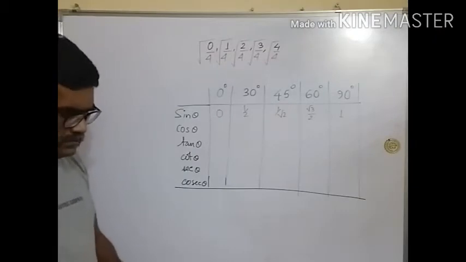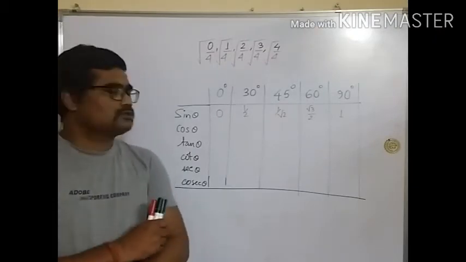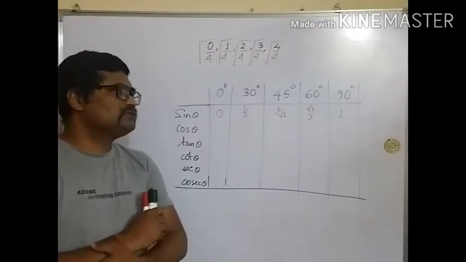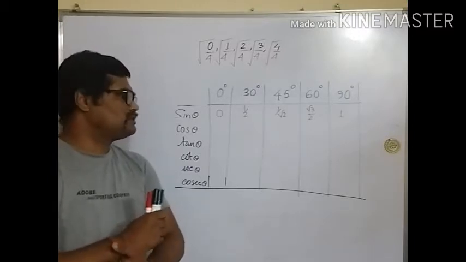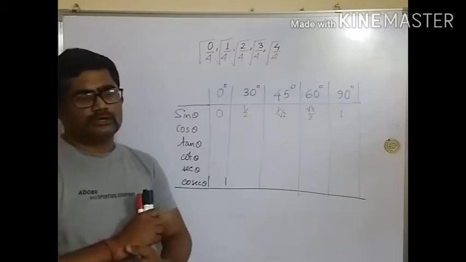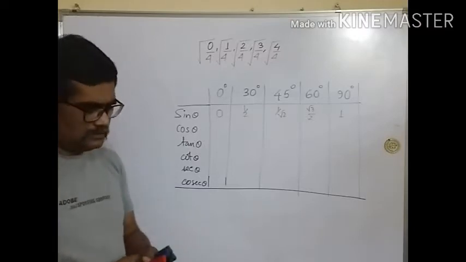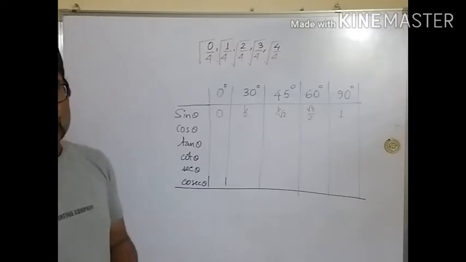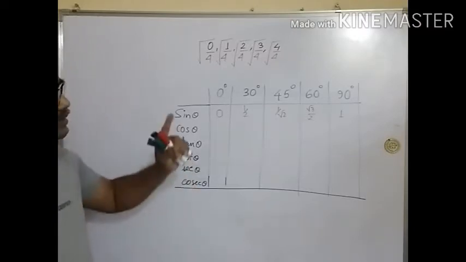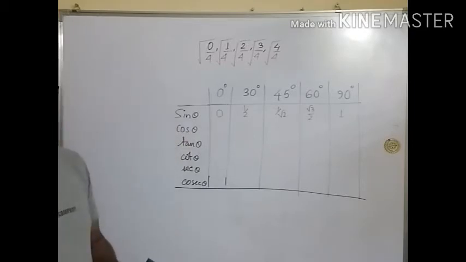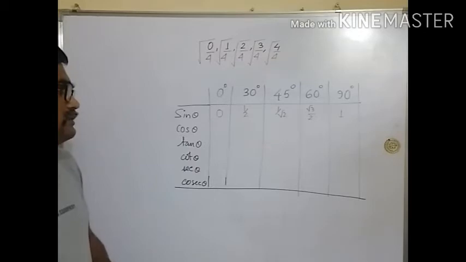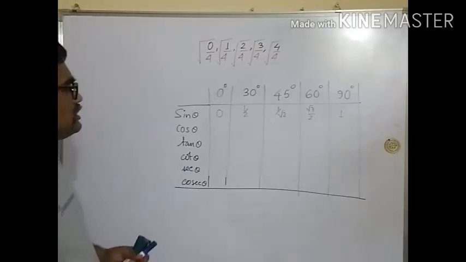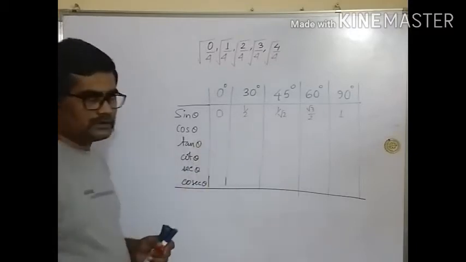So this you can do orally also if I am not wrong. Anyway, to make it more comfortable, you have to do a little practice. Then very obviously you will be able to cope with all this information very easily. Now once you generate this line, for the second line, that is for cos, you simply write in the reverse order.